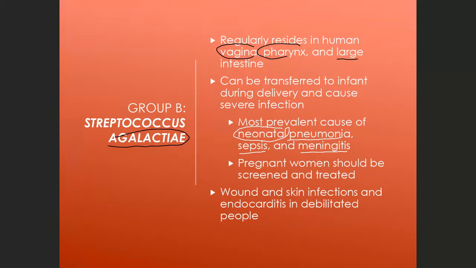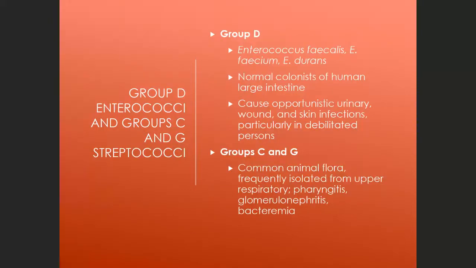So the pregnant woman should be screened and treated for this infection in order to protect her baby from the infection. They can also cause skin infection in wounds and endocarditis, inflammation of the heart.